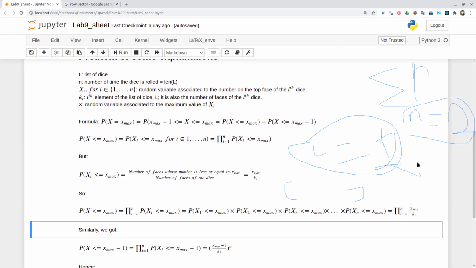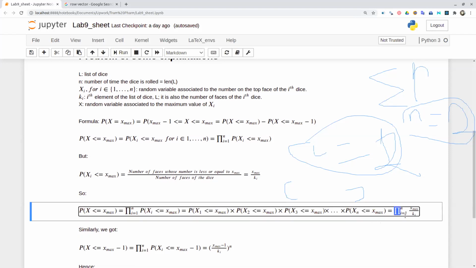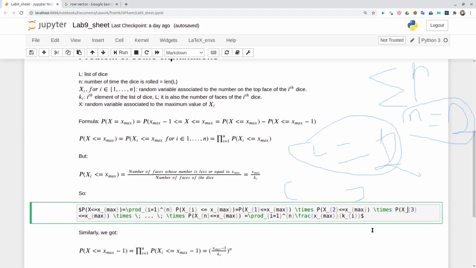Correct. So this probability is x max divided by k1, times x max divided by k2, and so on. So the probability is the product of x max divided by k, from 1 to n.